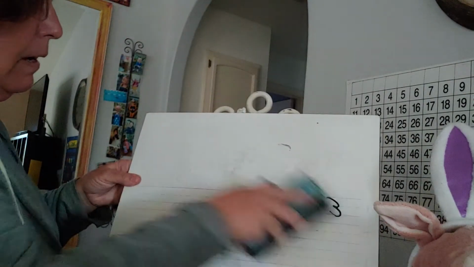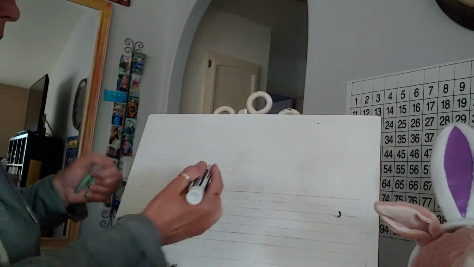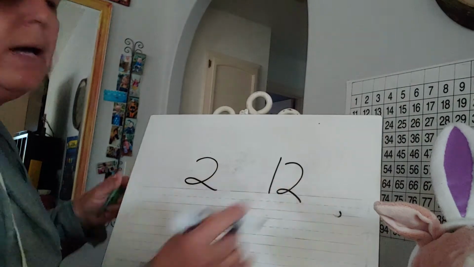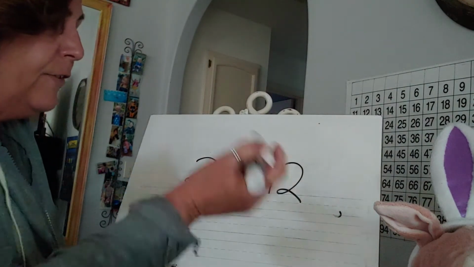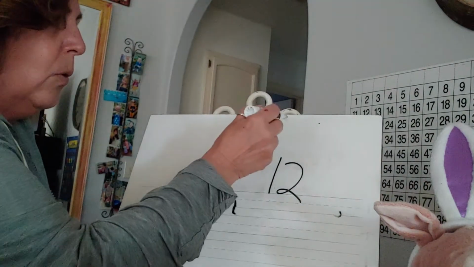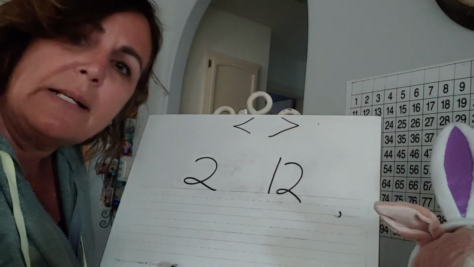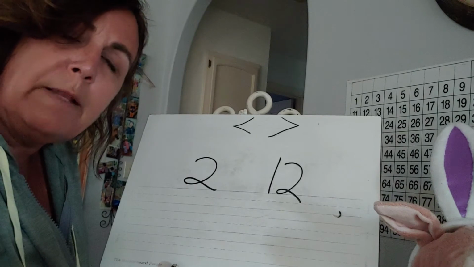What if I put 2 and 12? And I have to use a less than or greater than symbol in the middle to make the number sentence correct. Which way would the alligator's mouth be open?